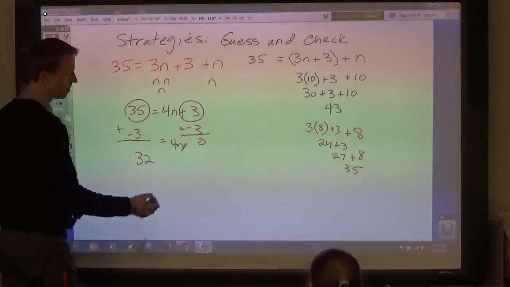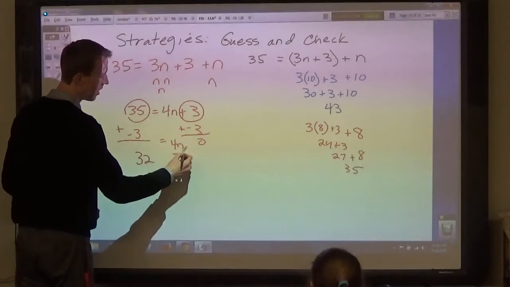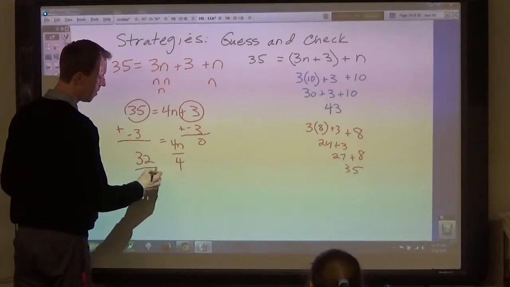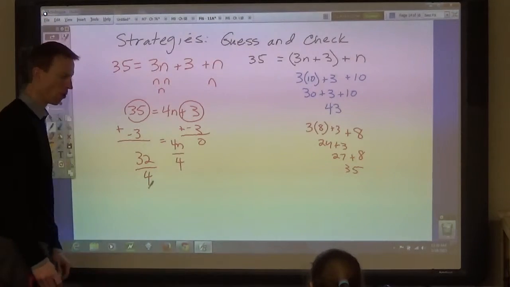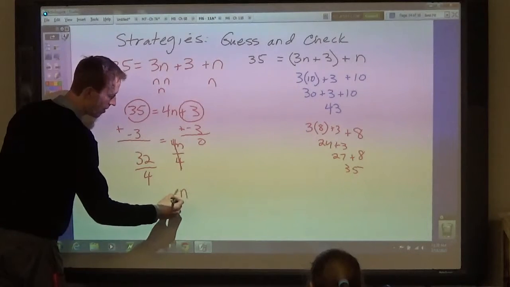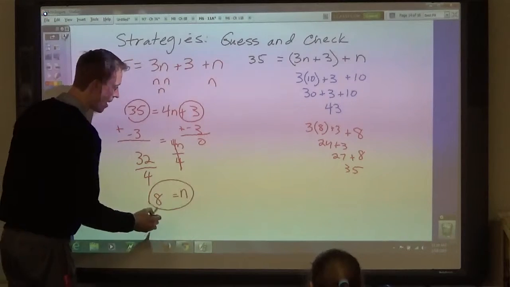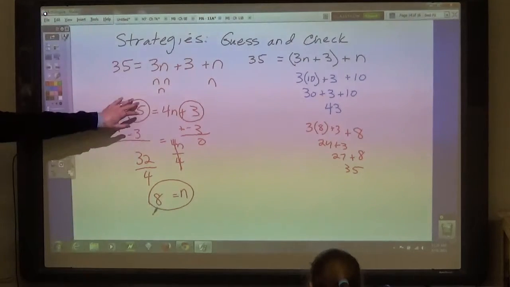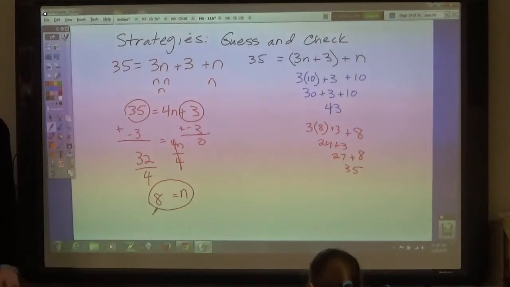Right? So, this is what we're going to talk about today. In order to solve this, you divide by 4, and that equals 8. So this is computation. This is using algebra skills to solve it. Okay?